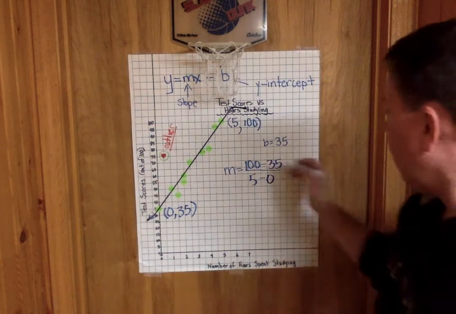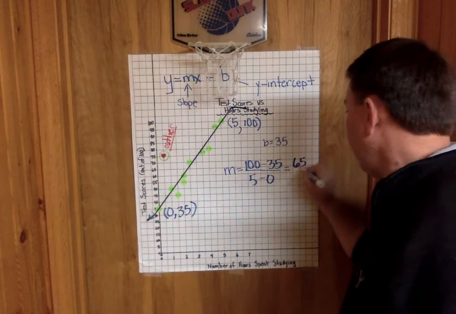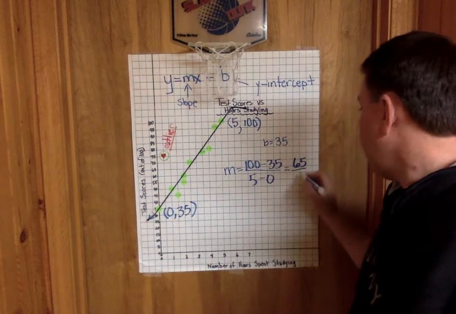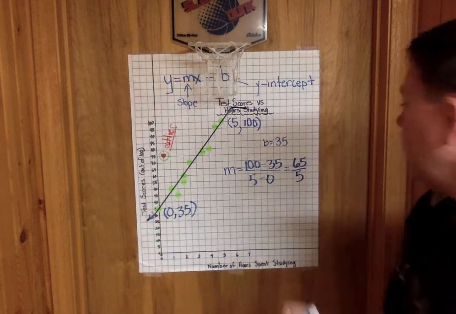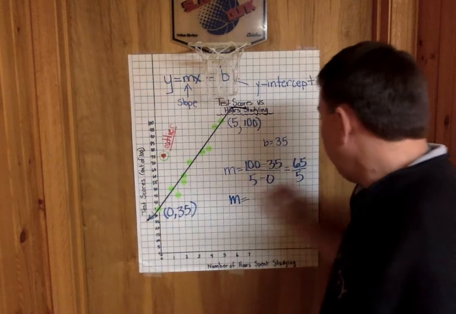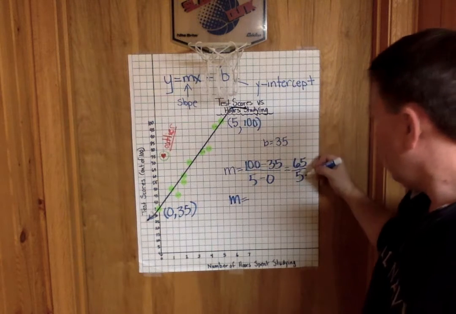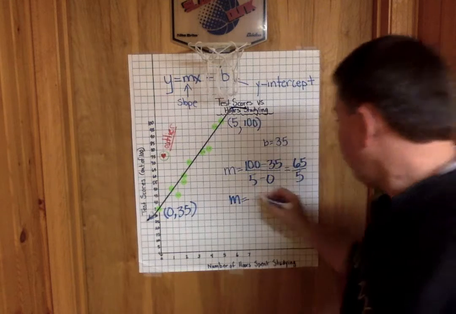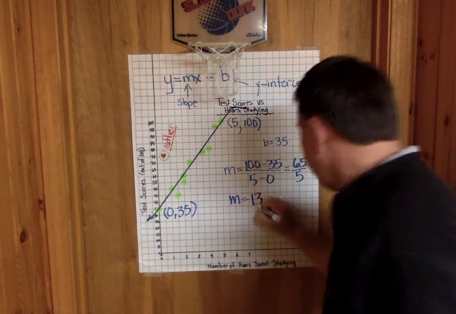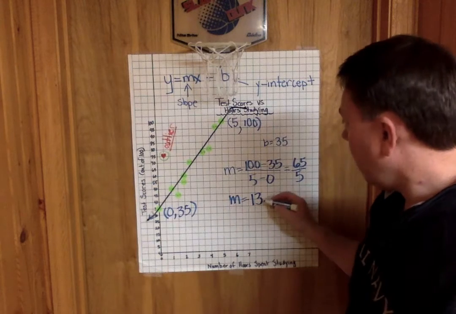When you take 100 minus 35, you get 65, and 5 minus 0 is 5. Then you're allowed to reduce your slope. How many times will 5 go into 65? Let's see, once with 1 left over, so 13 times. So m equals 13.